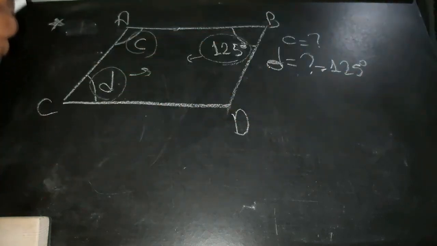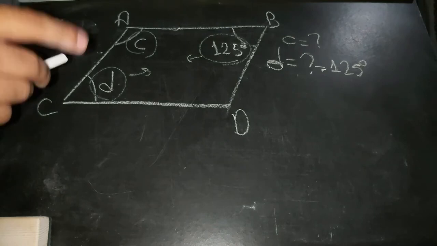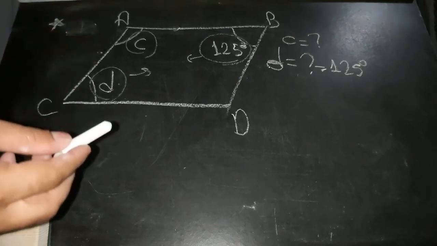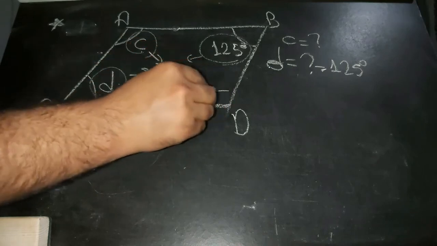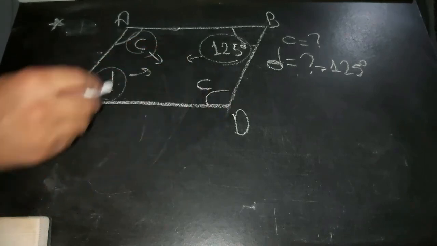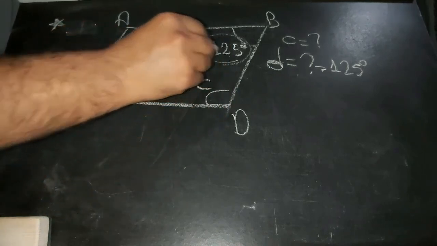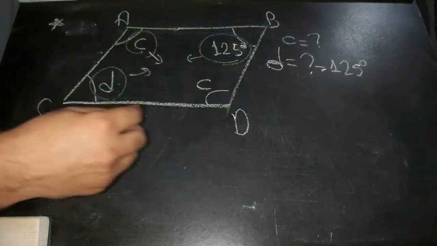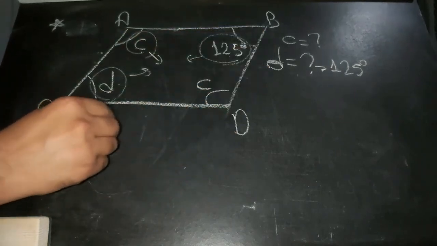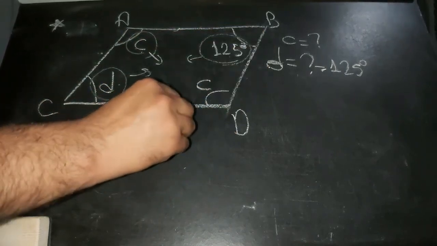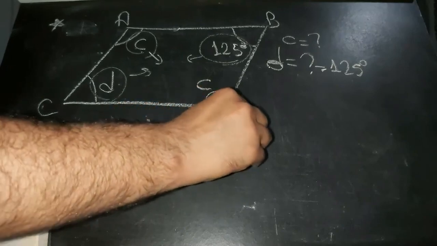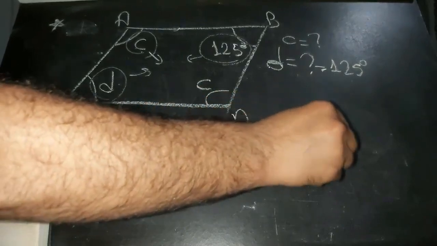The sum of interior angles of quadrilaterals is 360. So this and this the same, that will be C. C plus 125 plus 125 equals 360.